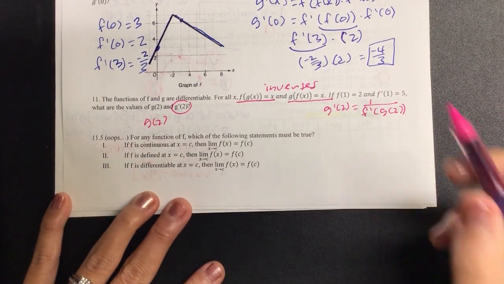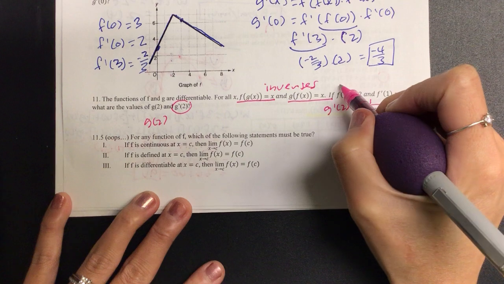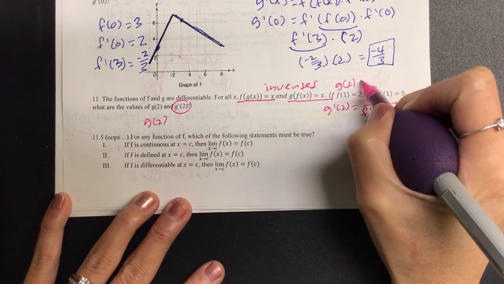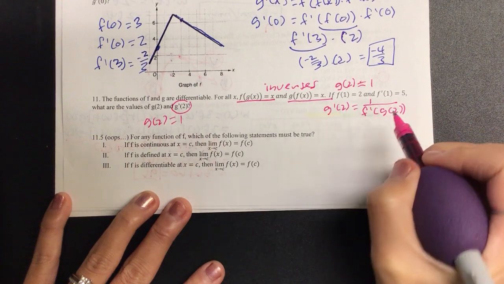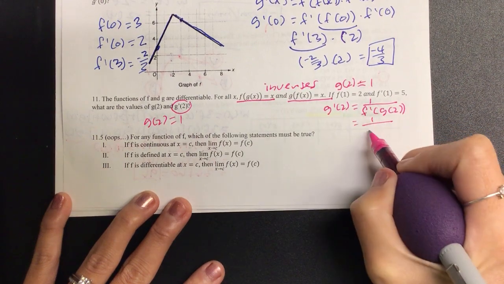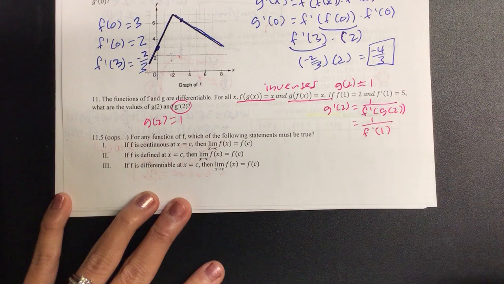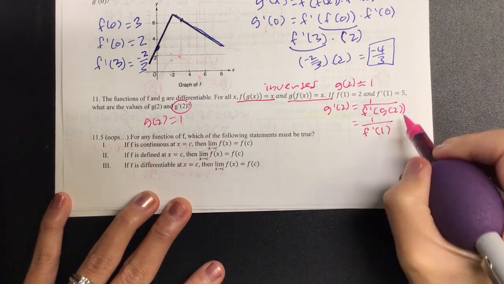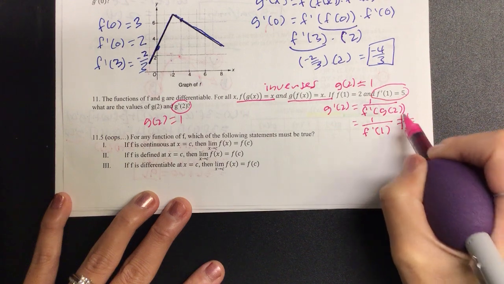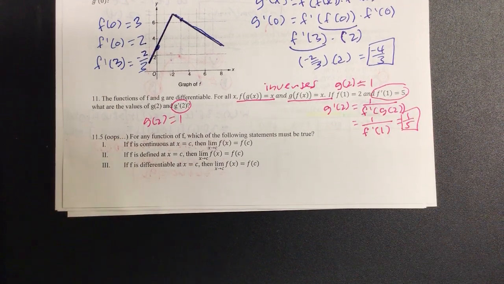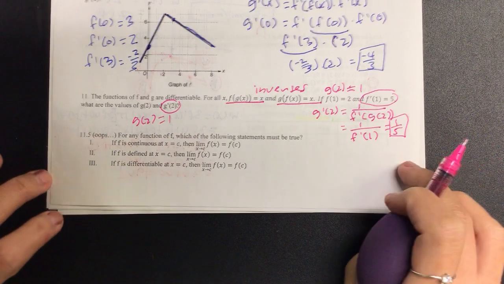Because they're inverses, I could say this is equivalent to g of 2 is equal to 1. So then when I plug it in here, I get 1 over f prime of 1. And is f prime of 1 given to us? Right here, so it'll be 1/5. So do remember or memorize the inverse derivative.